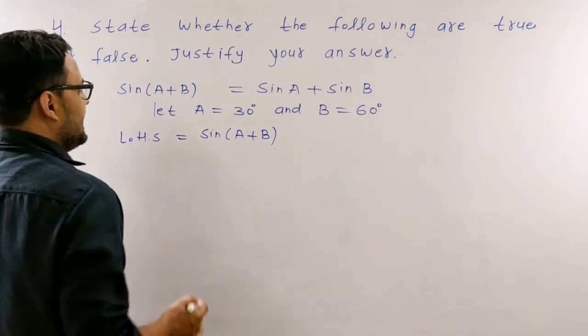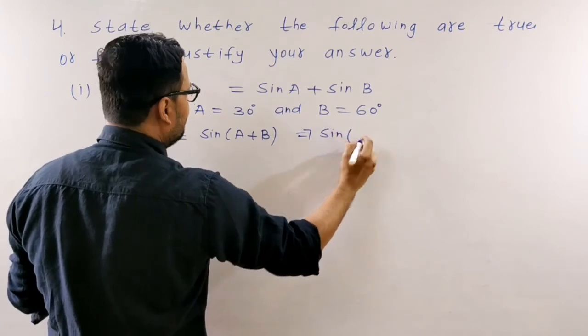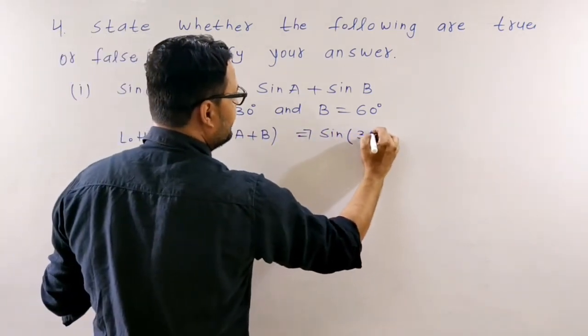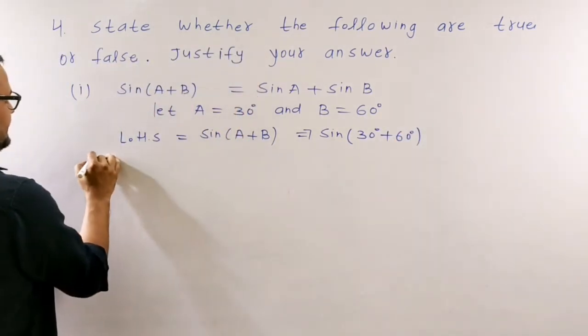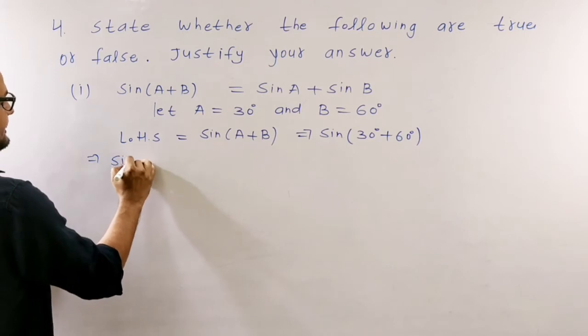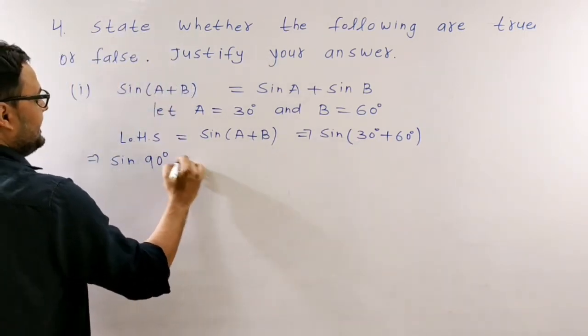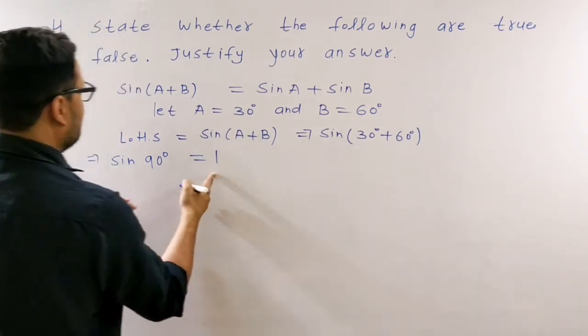Now when we do sin(a+b), then sin and a we took 30 degree and plus 60 degree. So it became 30 plus 60, sin 90, that is 1. So what we got? We got LHS 1.